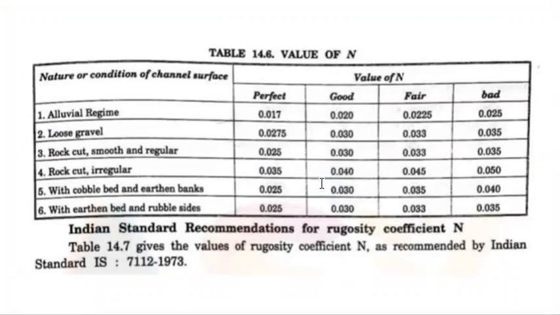And these are the recommended values of the rugosity coefficient n from the IS code 7112, 1973. Here we have various kinds of nature of the channel surfaces and also the values.